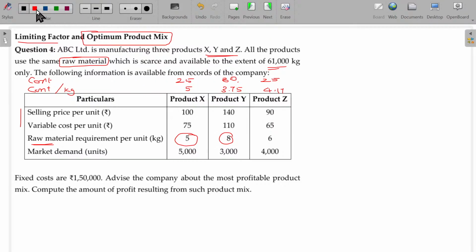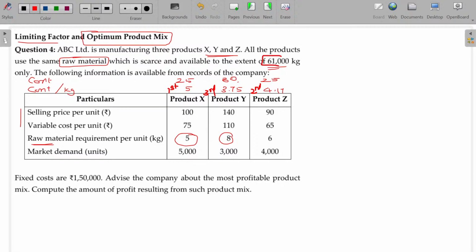From this it is very clear. This will be the top rank X, this will be the second top rank, and this will be the third top rank. First rank, second rank, third rank. So from this it is very clear you want to sell only product X. By selling product X, you will be getting 5 rupees.